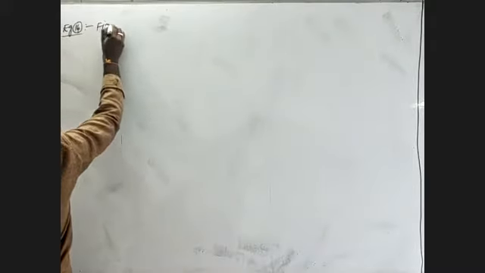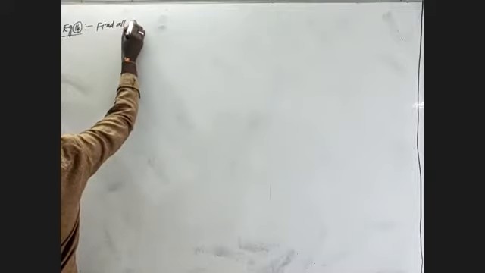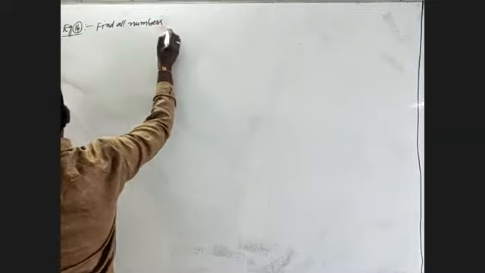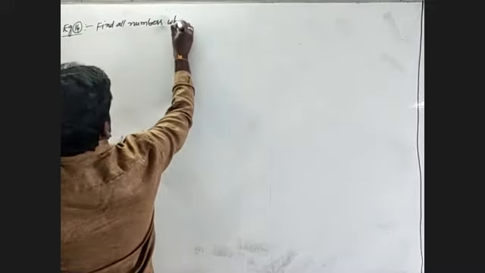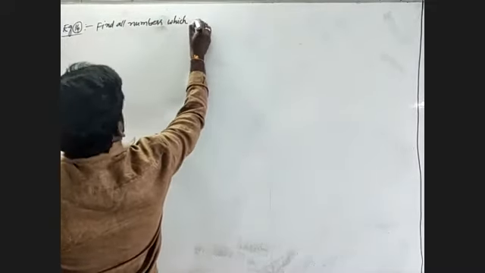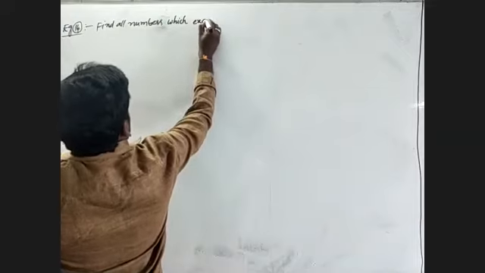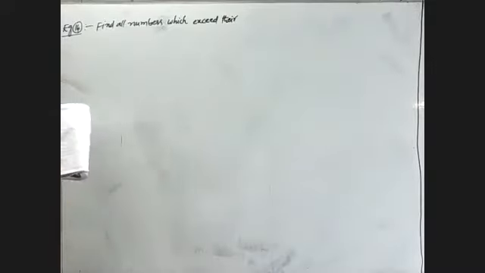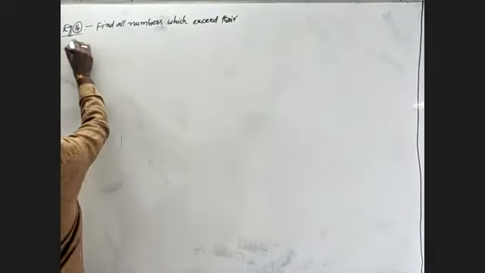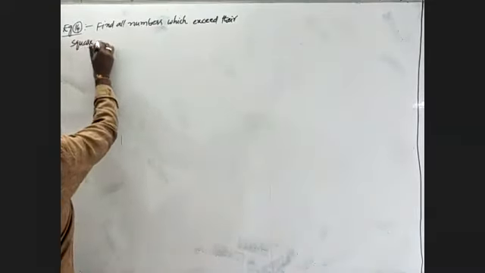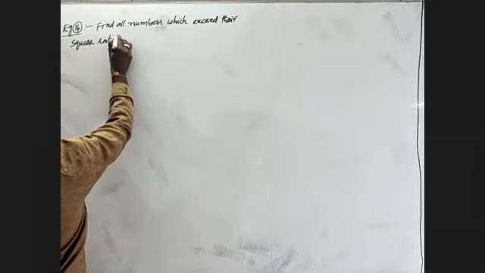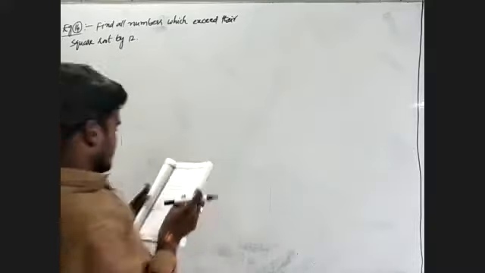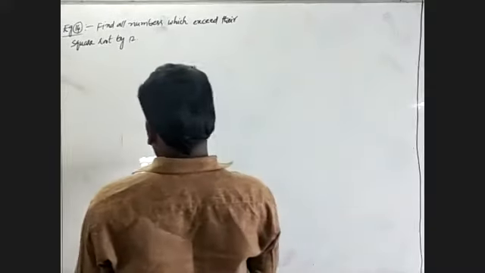Find all numbers which exceed their square root by 12. After now I am going to example 15.